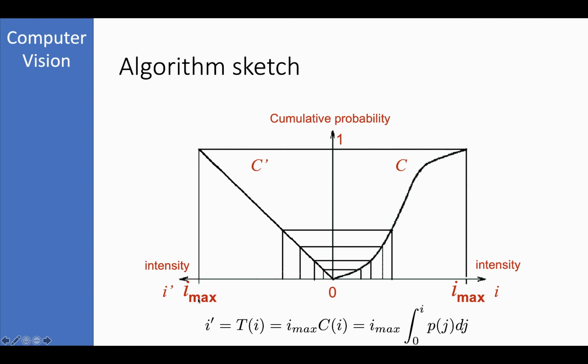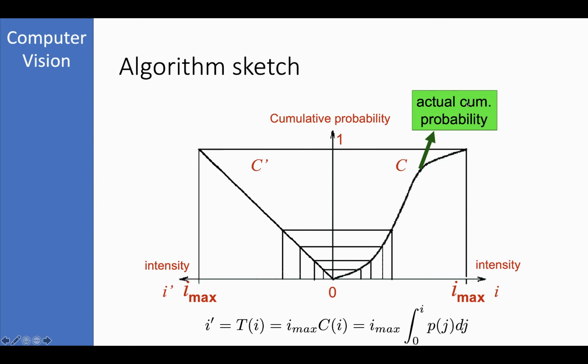I prime, the new intensity value, is T of I, which is actually I max, the maximum intensity value of the old image, times the cumulative distribution function of that intensity value. This cumulative distribution function in the continuous case can be computed simply by taking the integral of the probability distribution function from 0 to I, 0 being the minimum intensity value in the old image. That's actually this simple. There's nothing really more.